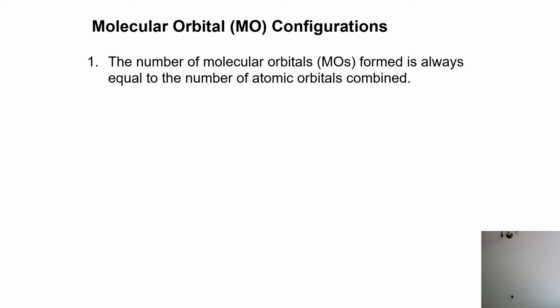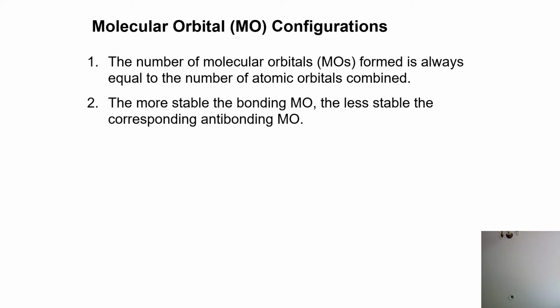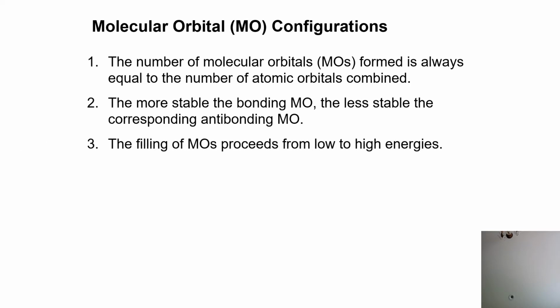This is the same as in valence bond theory. Remember, the number of orbitals we combine to produce hybrid orbitals is always the same. The more stable the bonding molecular orbital, the less stable the corresponding anti-bonding orbital. And remember, the more stable bonding orbital has less energy than the anti-bonding orbital.